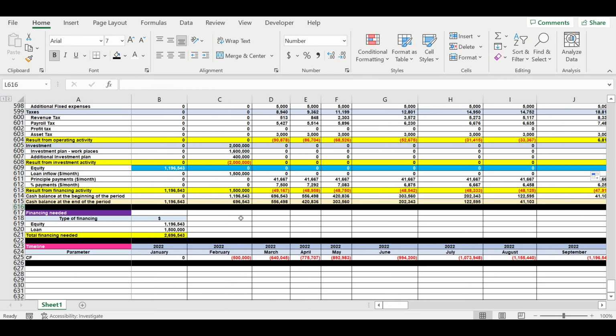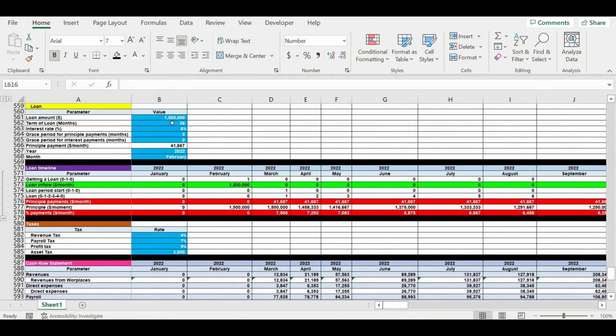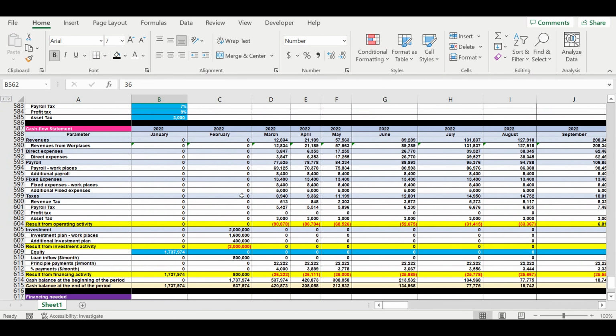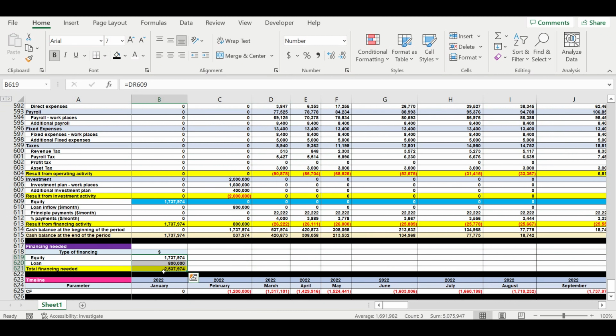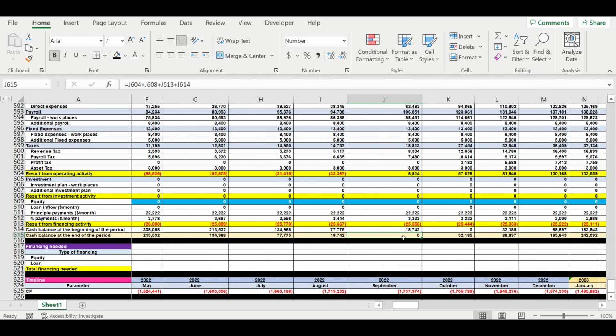For example, I would like to change the amount of loan. So for example, I will take only $800,000 as a loan. I can see now how the structure of financing has been recalculated, and here is mathematical zero.